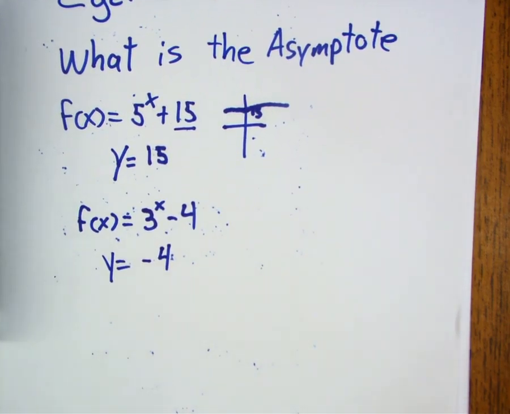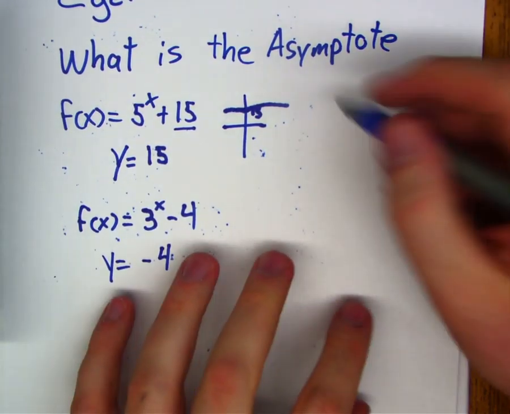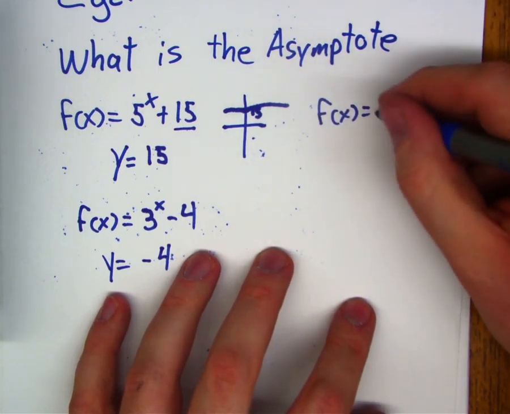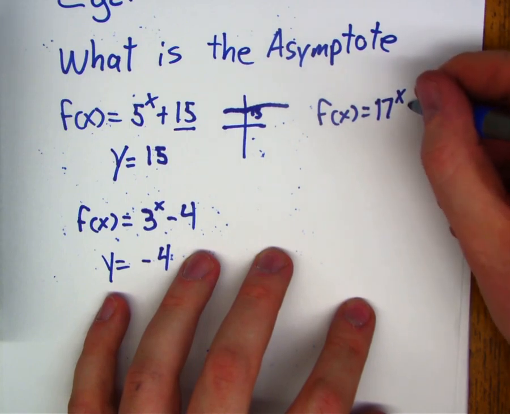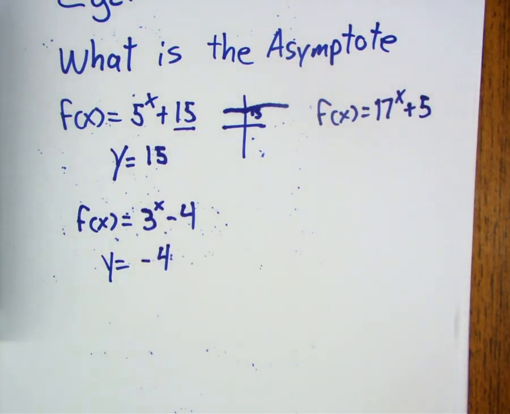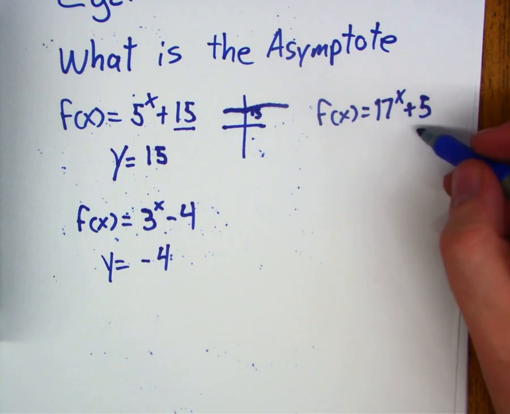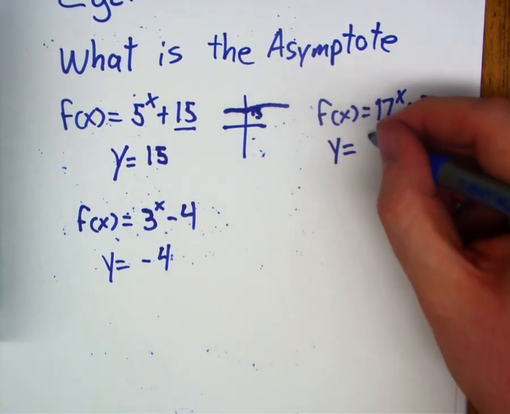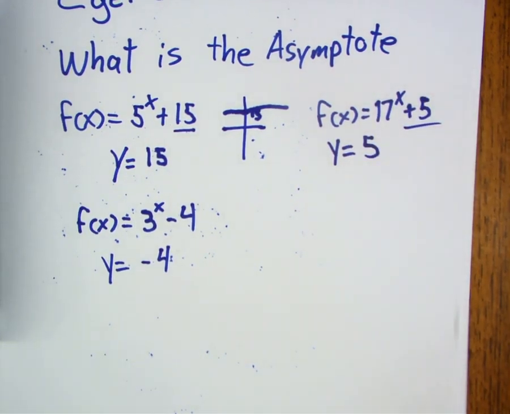Two more, and then we might end with just one final graph. Say f of x equals 17 to the x plus 5. Okay, 17 to the x. Now that one's going to be so steep, I don't think we'll ever try to graph that. That's way too steep. In this case, it's just going to be y equals 5.